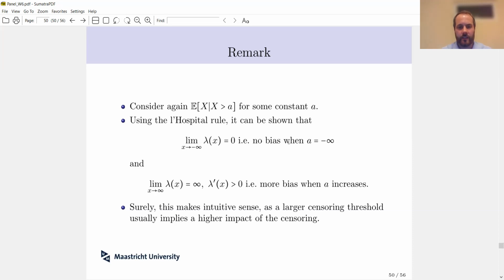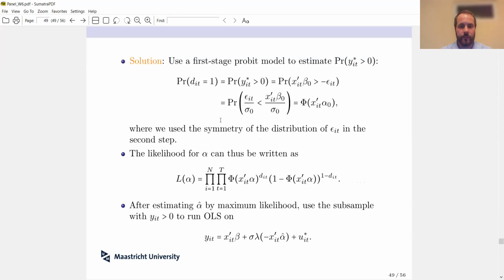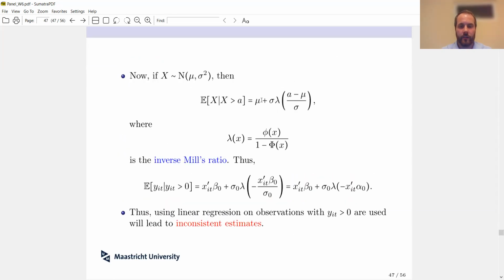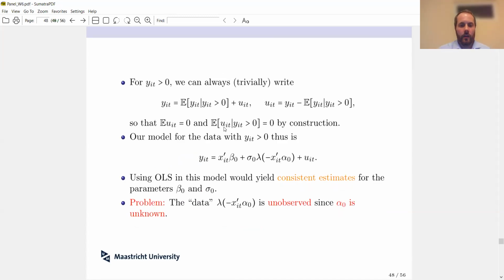Which really means that there is no bias when A is minus infinity. Of course, here we are assuming that we are looking at the mean 0 normal distribution, right? So if mu is 0 and this thing goes to 0 as A goes to minus infinity, then there's actually no bias. The expectation is simply 0.